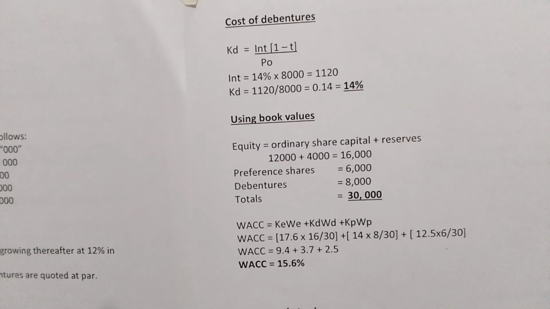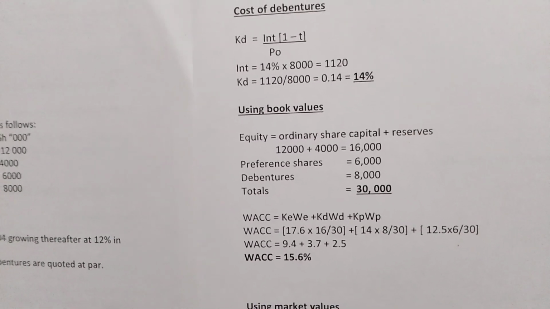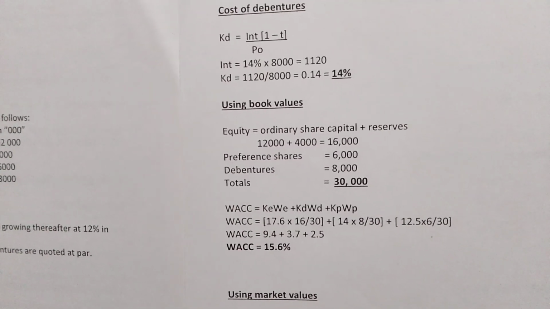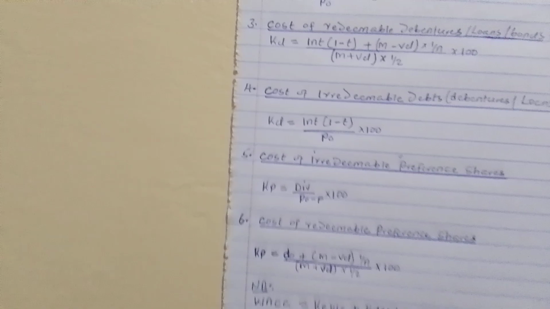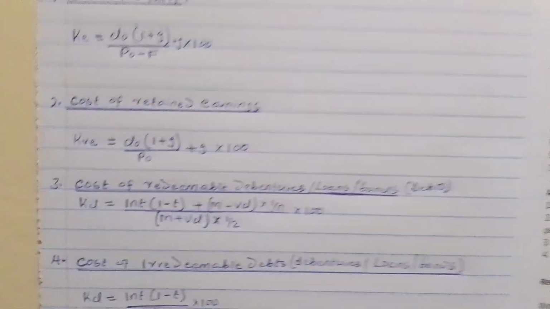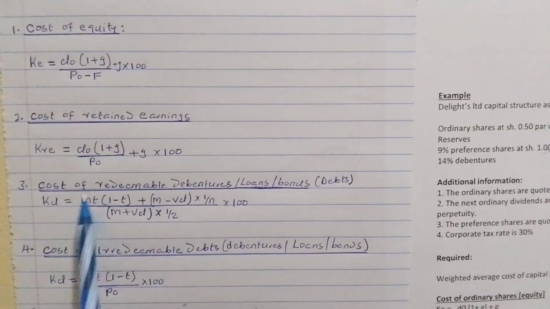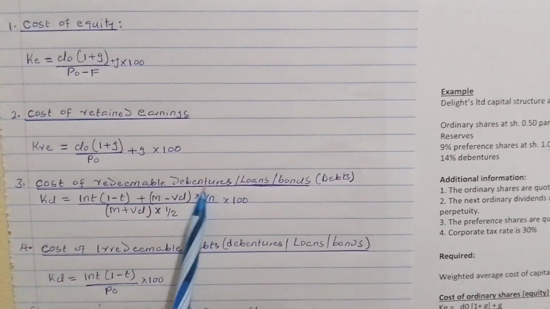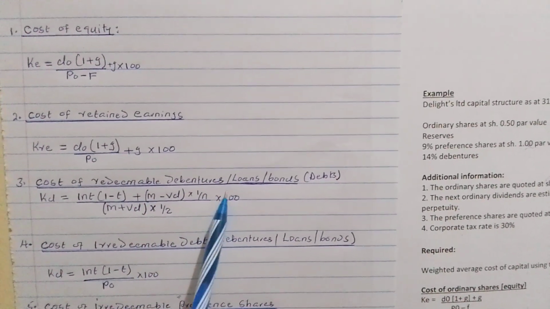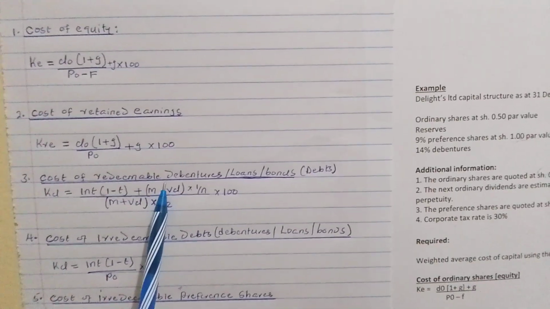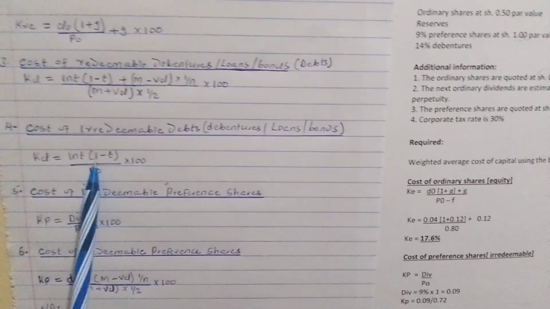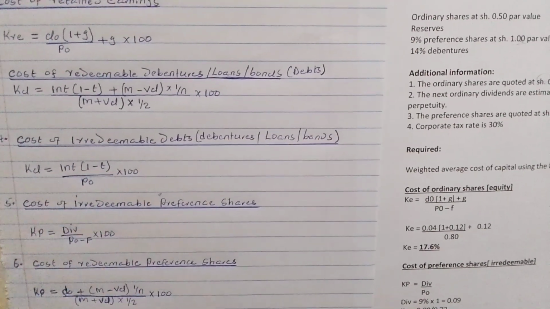They do not have a maturity period. If you had been told that these debentures have a maturity period, then you could have used the other formula. But there is no maturity period, you just take that one.